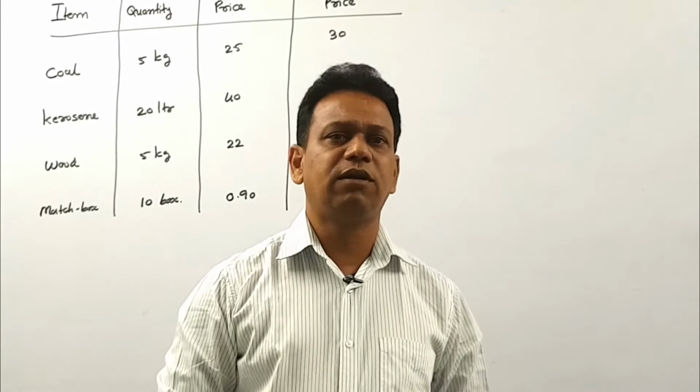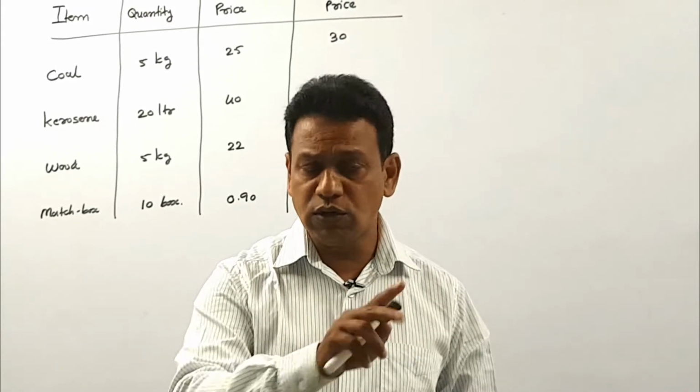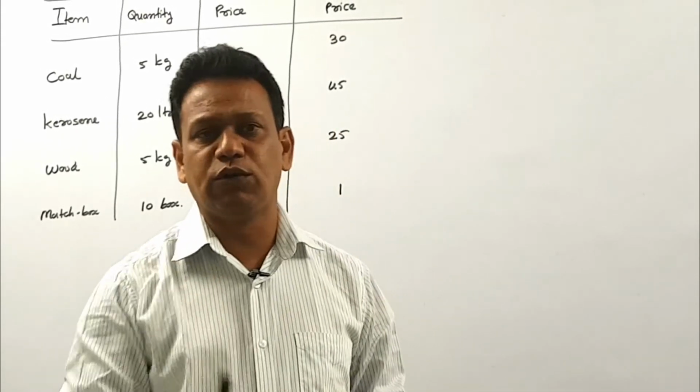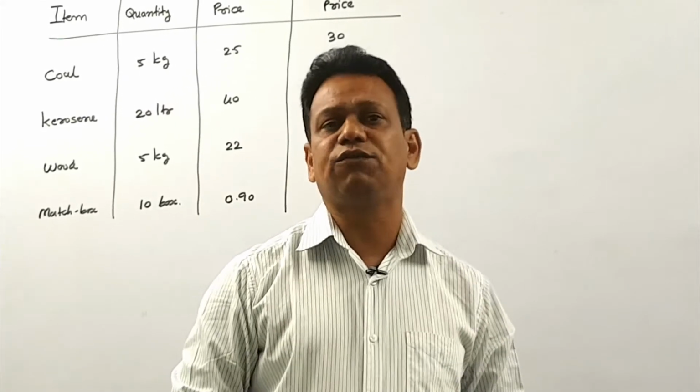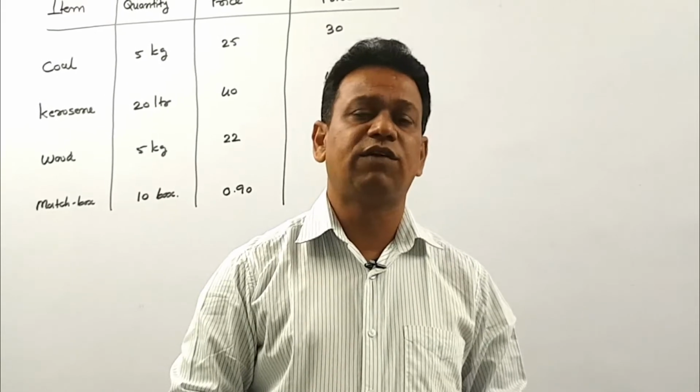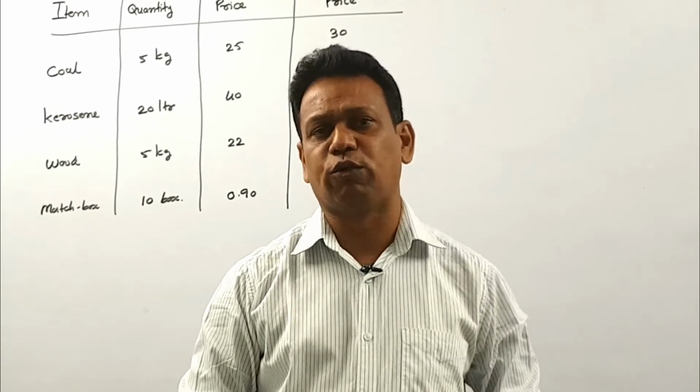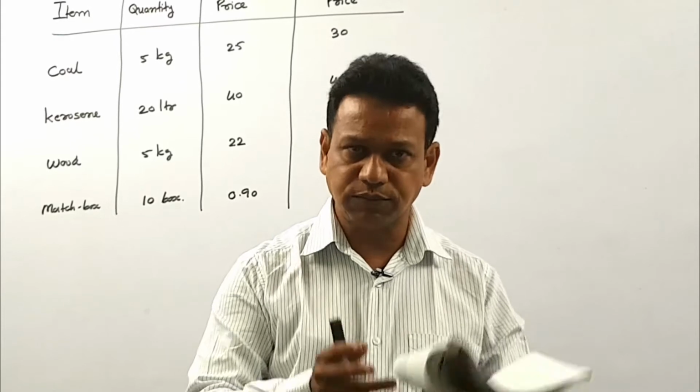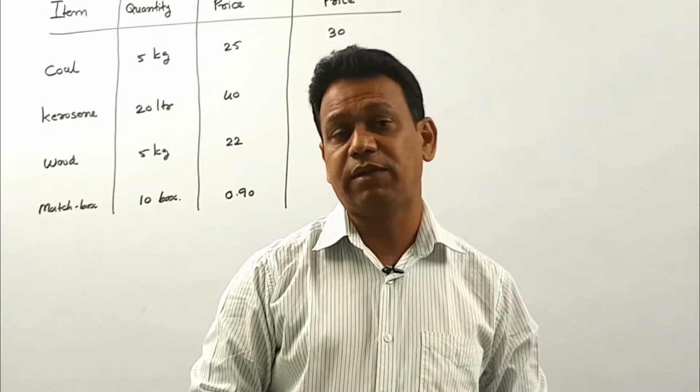For this example number 22, they don't give the index number of fuel, but they have given sufficient information of fuel to obtain the index number, and they have given indices of the other 4 groups. So we are able to find out the cost of living index number at the end.